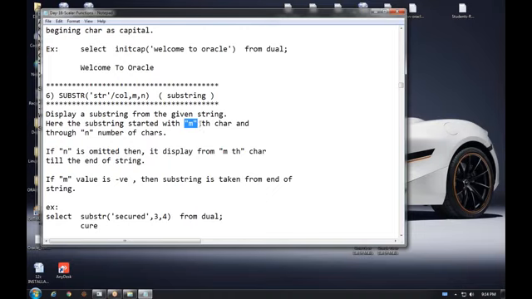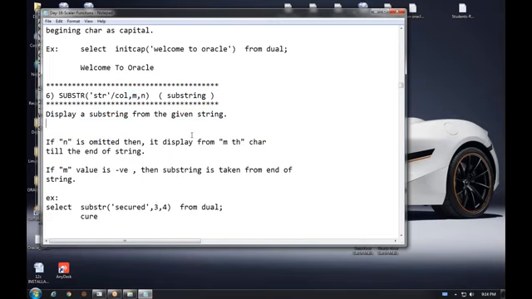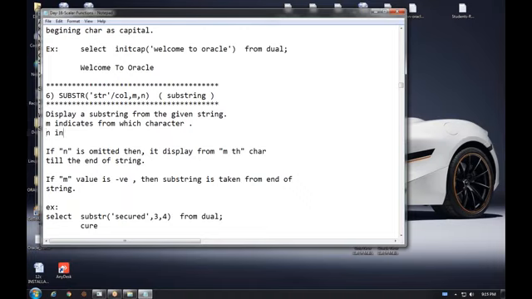Beginning character position is indicated by M, and N represents how many characters from M. Suppose if M is negative, then the substring is taken from the end of the string.